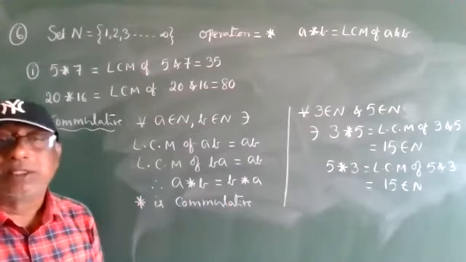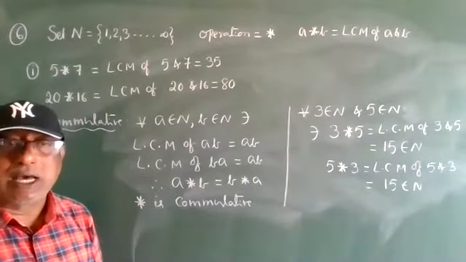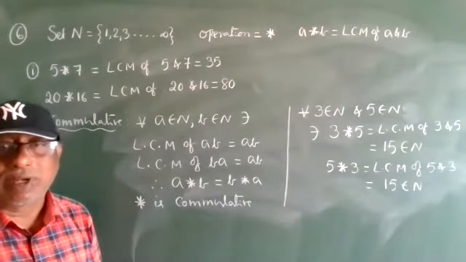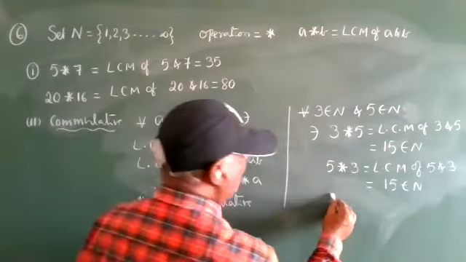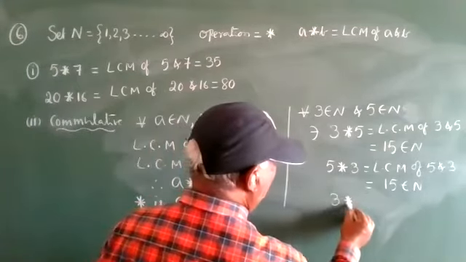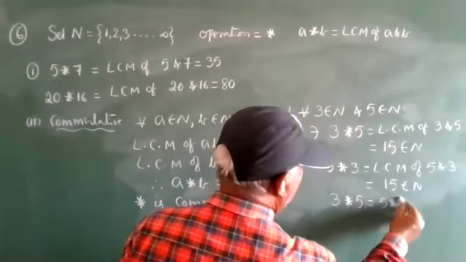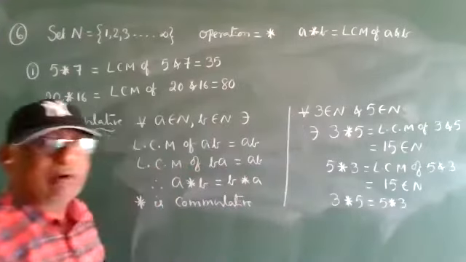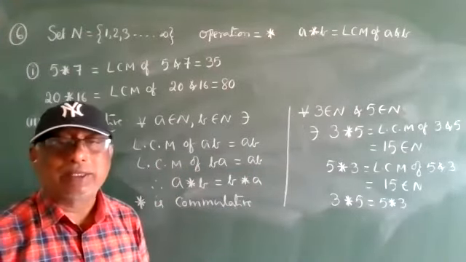Example I will give. 3 star 5, LCM is 15. 5 star 3, LCM also 15. That means 3 star 5 is equal to 5 star 3. In the same way, I will write.